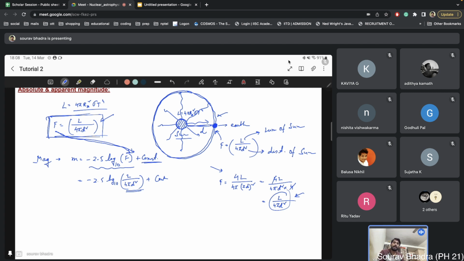So from the apparent magnitude you cannot tell clearly which star is brighter or fainter, because there is a degeneracy between luminosity and distance, and they can accommodate themselves in a way that you may get the same flux from 2 different stars, as I have shown you.